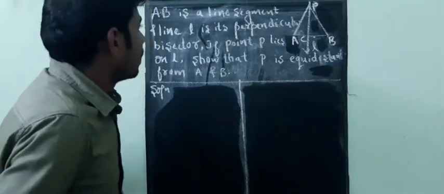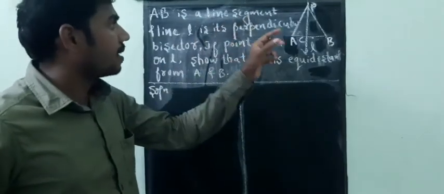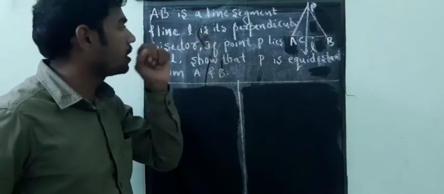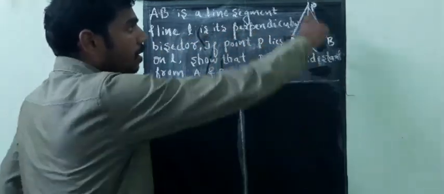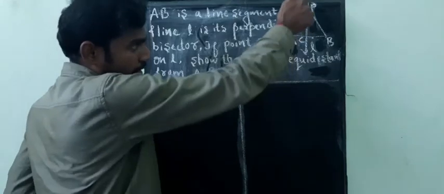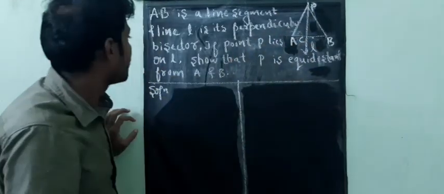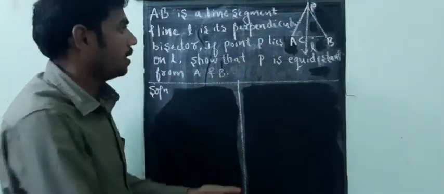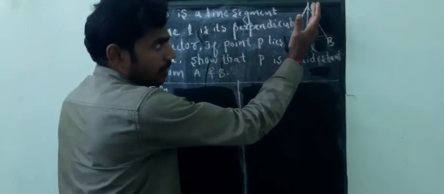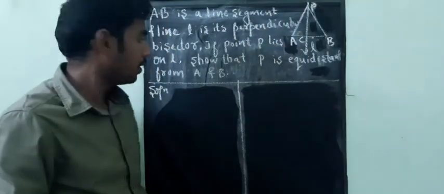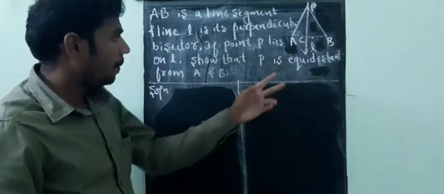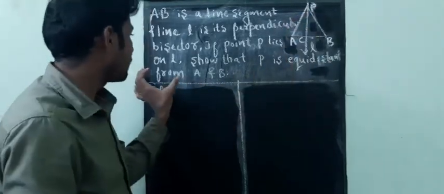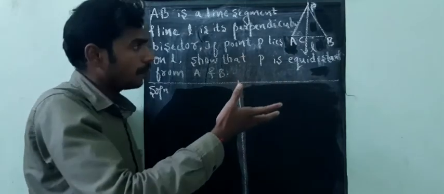Okay. Next example. AB is a line segment, and line L is its perpendicular. If point P lies on L, this is a line L, which is a perpendicular bisector, and point P is lying on L. Show that P is equidistant from A and B. We need to show, so what does it mean?